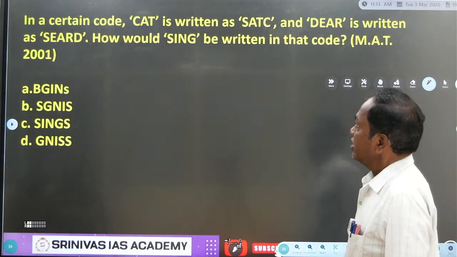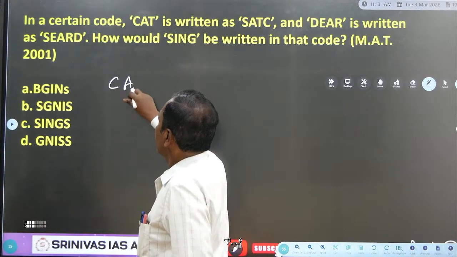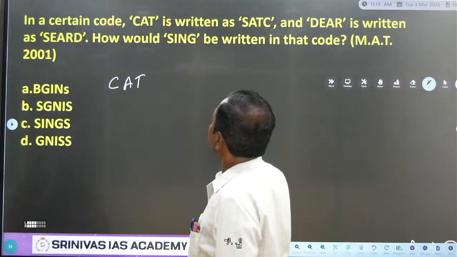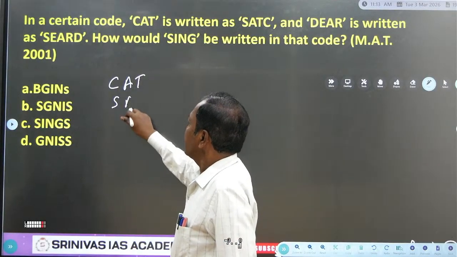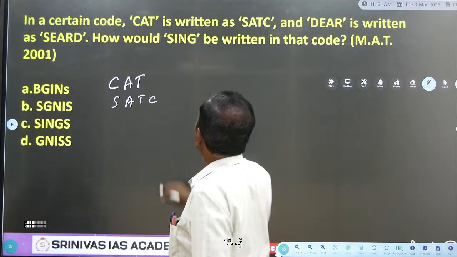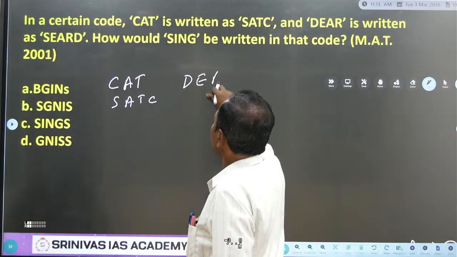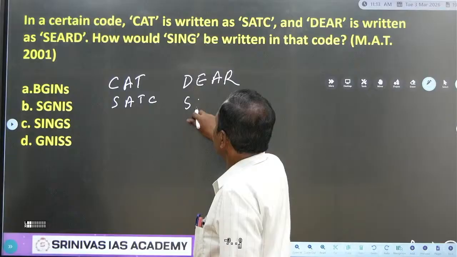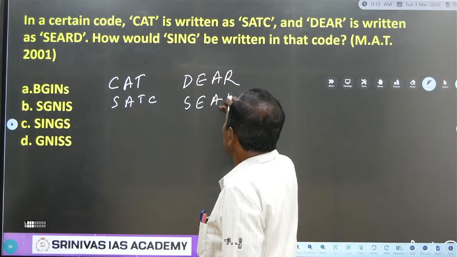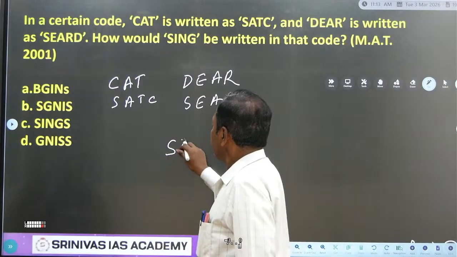Now, SAT, cat is written as SATC. Deer is written as SEA or D. How can sing be written?